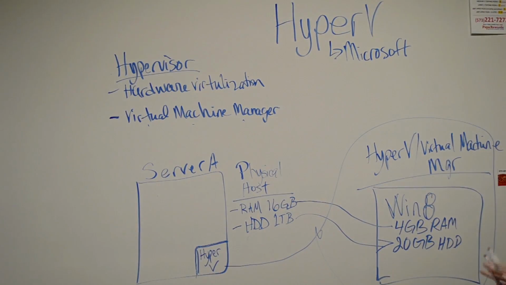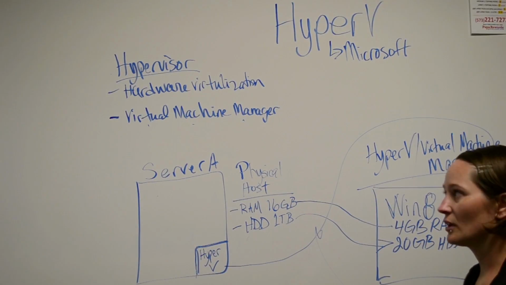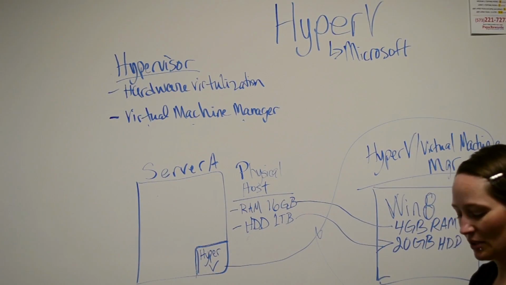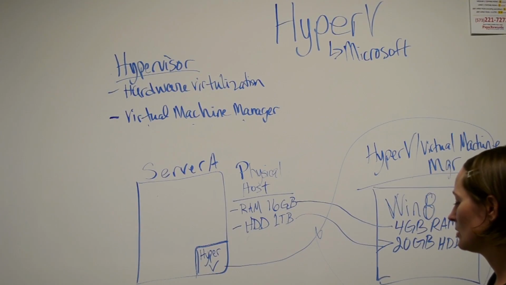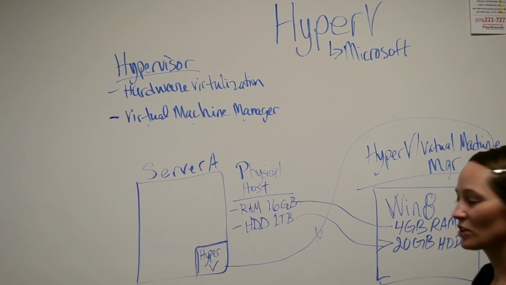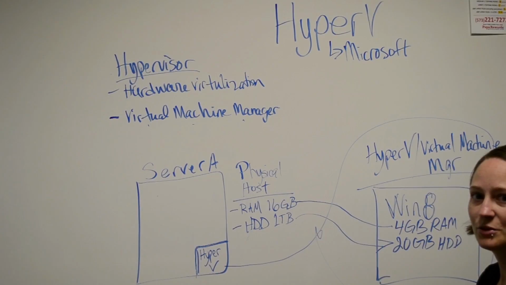So that's just a very terrible drawing of what Hyper-V is. We will actually be installing Hyper-V here momentarily so you can see how it goes on the machine, and then we will be installing some virtual machines and see how that actually works, and actually get into the virtual machine manager and work with that as well.